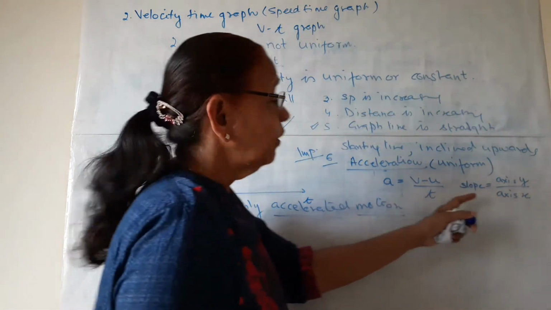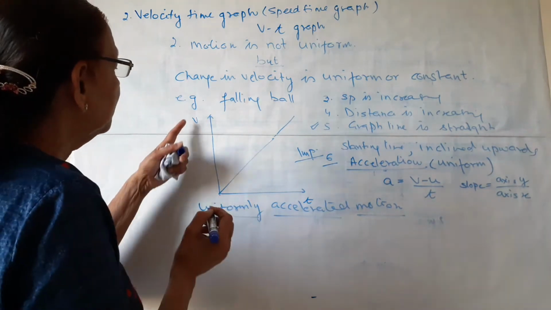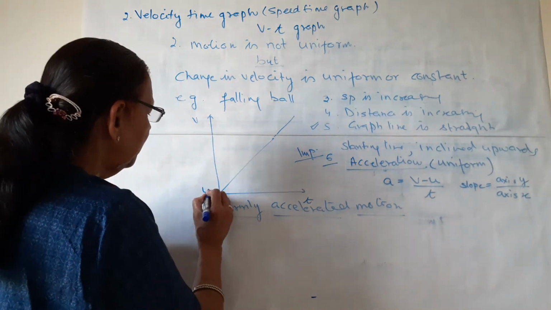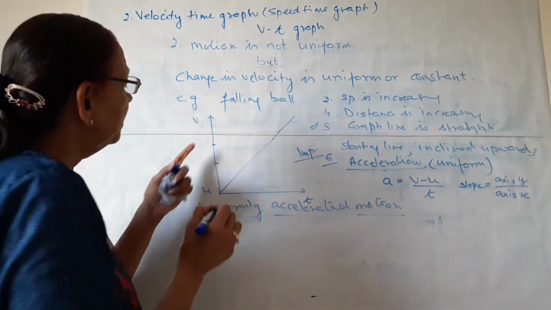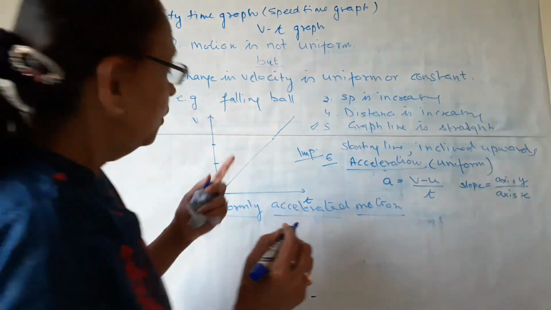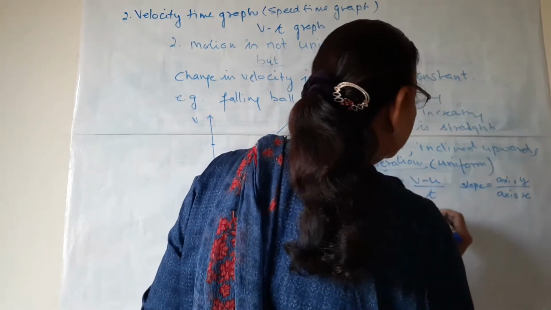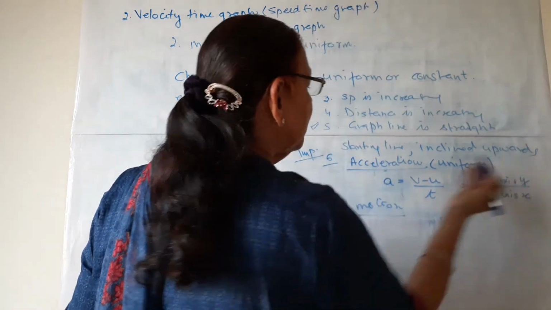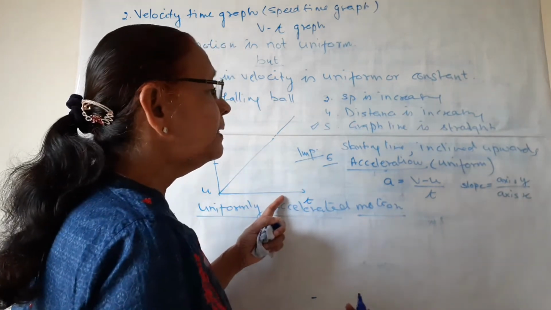You know this. So what is y-axis? Y-axis is velocity. Suppose here it is v, here it must be u. Or if we are taking in between, one is v, the other is u, or we can take v2, v1. So on y-axis, change in velocity is there, and on x-axis, time is there.